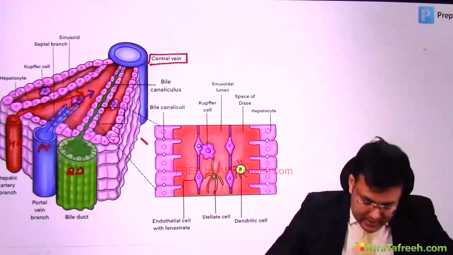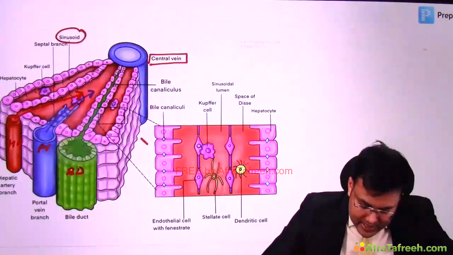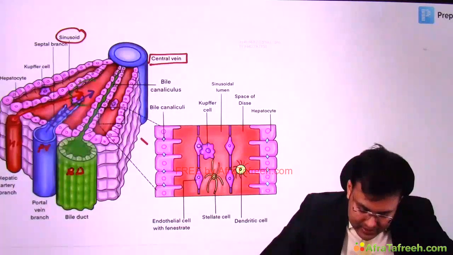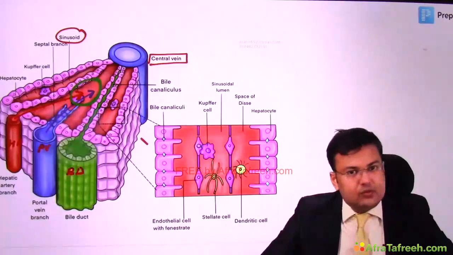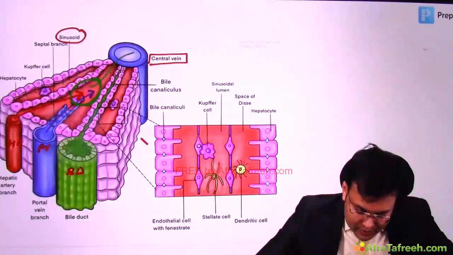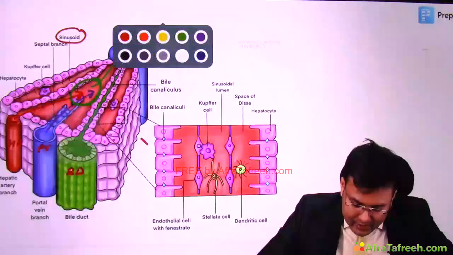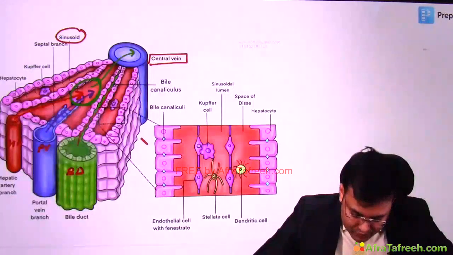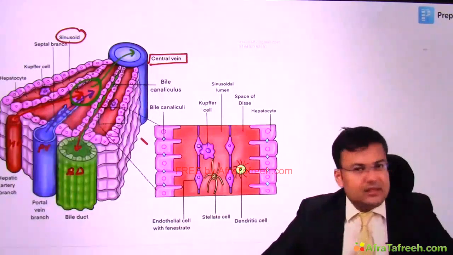And in the sinusoid there is actual mixing of blood, and finally it is going to drain into central vein. Here you can see that this is the bile canaliculi, so the bile is going to drain into the bile duct. This is the simple anatomy.